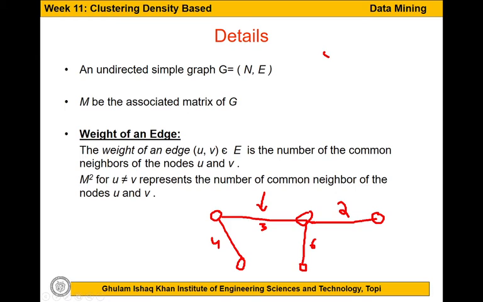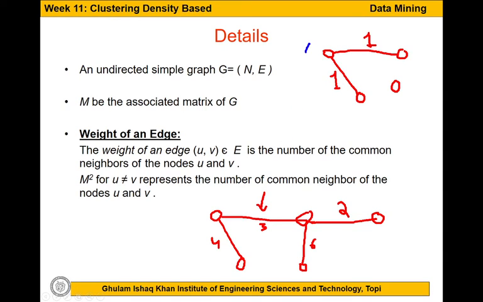Or at times when we don't have weights available in the data set, but there is an edge between 2 nodes, so the availability of an edge is indicated by 1, and absence of an edge, for example here there is no edge, so this is indicated by 0, right? I hope all of you know about adjacency matrix.